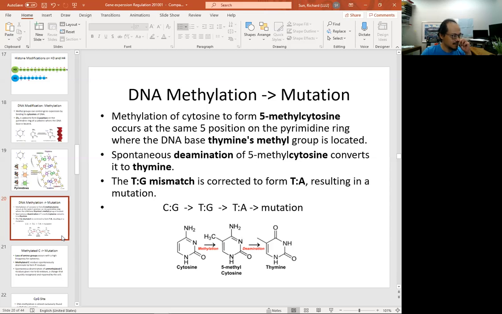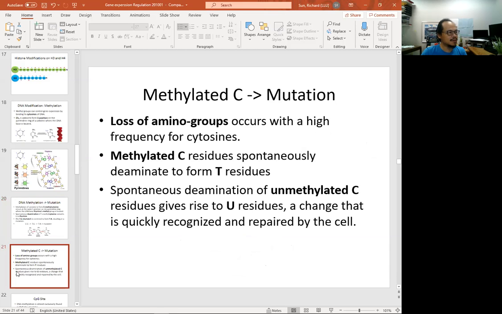All right. So this summarizes that the methylated cytosine leads to mutation. When we lose this amino group, deamination happens at high frequency in the cytosine.